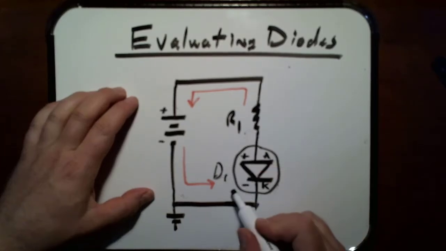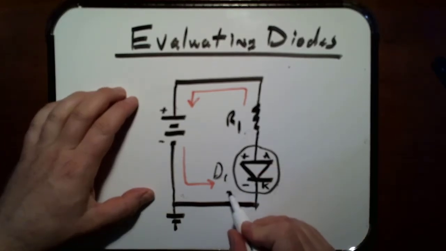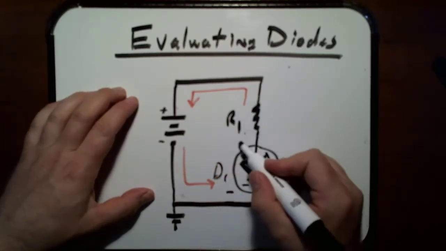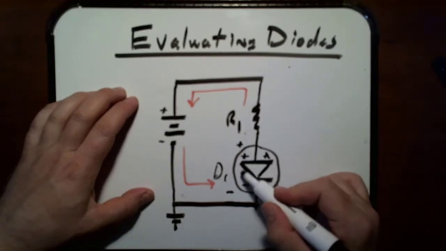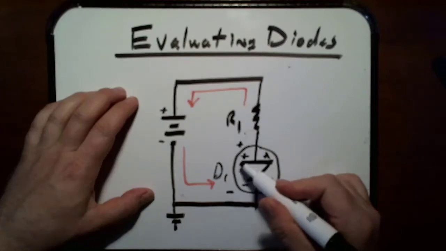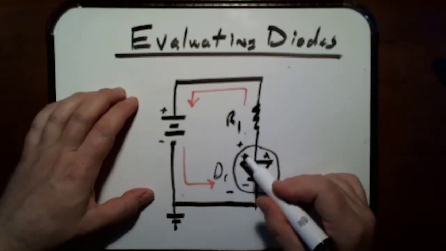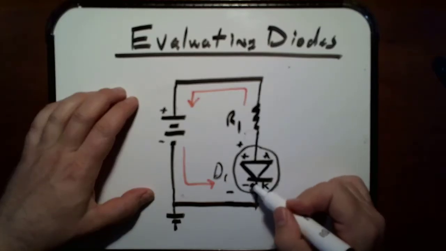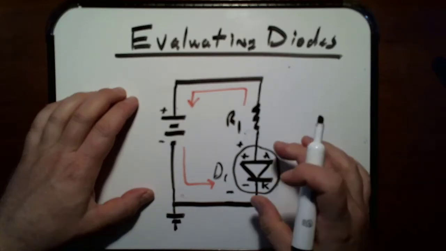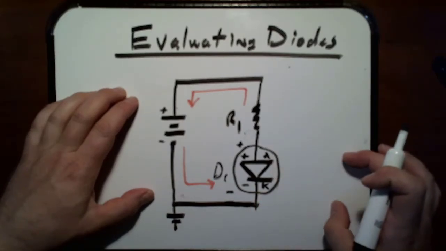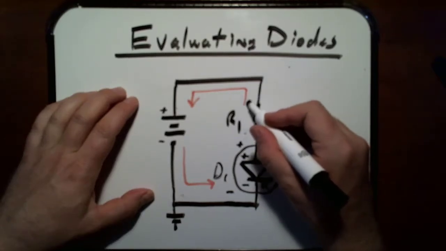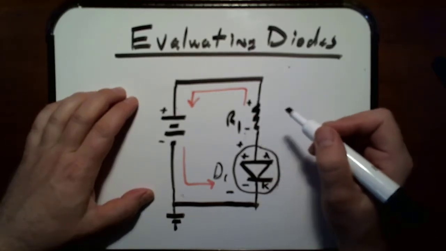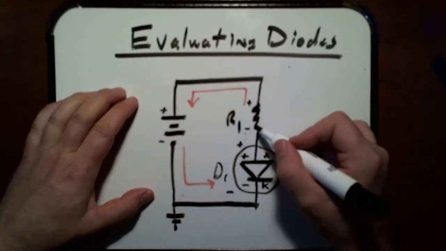We know that our diode needs agreement. So when we bring our polarities for our circuit around, we see the internal voltage that our diode comes with. Positive at the anode, negative at the cathode. That's baked into it. If I pull this diode out of the circuit, I will see it still has polarity. If I pull this resistor out of this circuit, I can't tell which side is positive or negative.